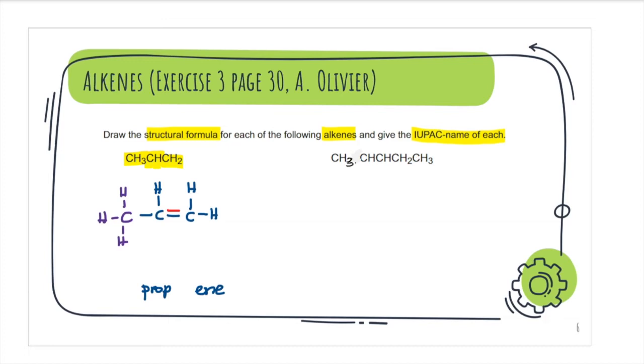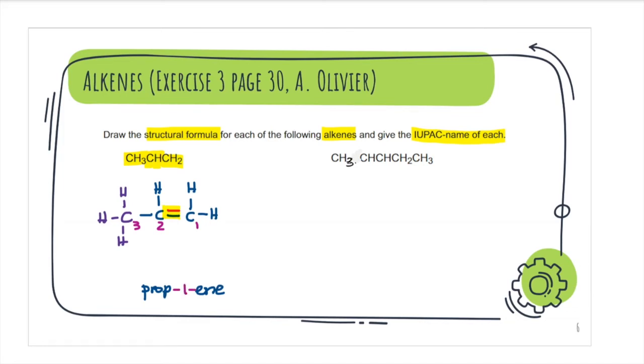But we must indicate where the functional group is. And remember that we number our longest chain so that the functional group is given the lowest number possible. Therefore, we're going to start to number from the right-hand side, and we can say that this double bond falls onto carbon number 1. So we have prop-1-ene.